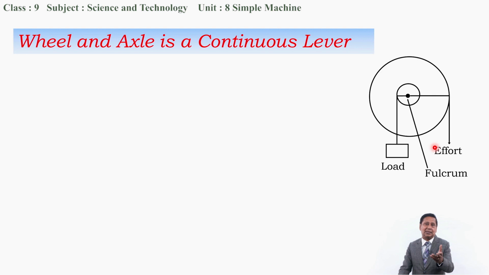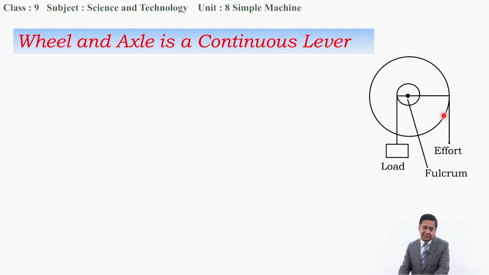It appears as a first class lever. But when we apply effort, it continuously rotates and the positions of load and effort vary through 360 degrees continuously. So, this is also known as a continuous lever.